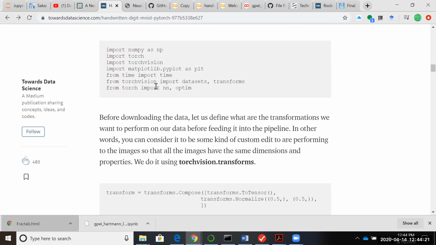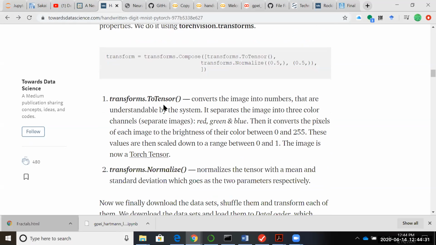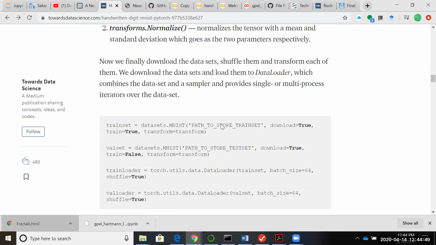For the machine learning part, it is torch and torchvision doing the main work. This line recasts the image data into tensor format and normalizes it, so it's in a proper, standardized format.